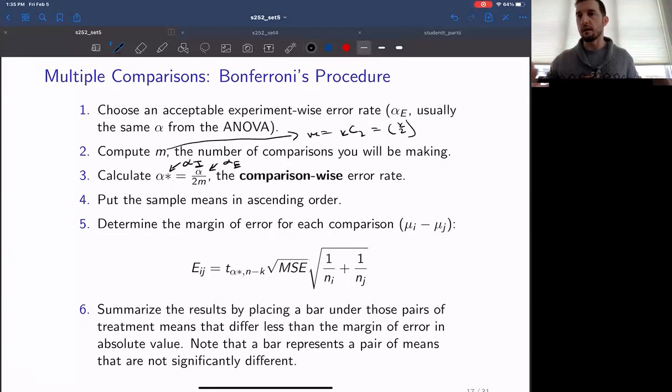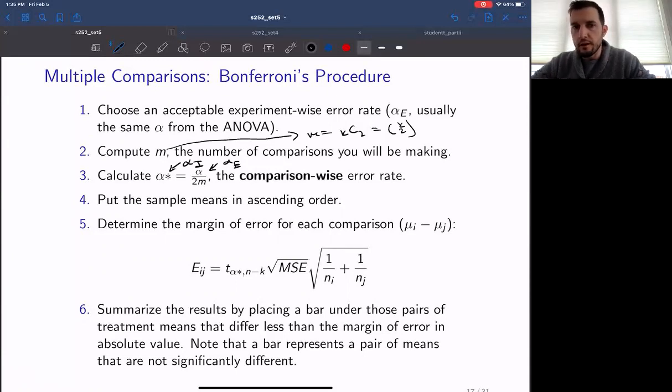We calculate the number of pairwise comparisons that we have to make, that's k choose 2. Then we take the experiment-wise significance level and divide that number by 2 times m. This alpha I value becomes the value you plug in for each pairwise comparison of the mean.